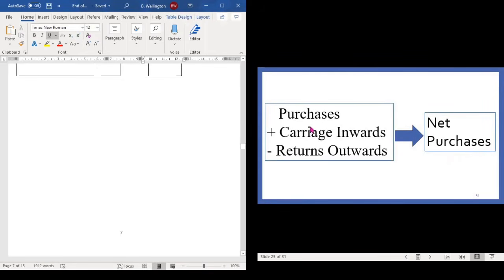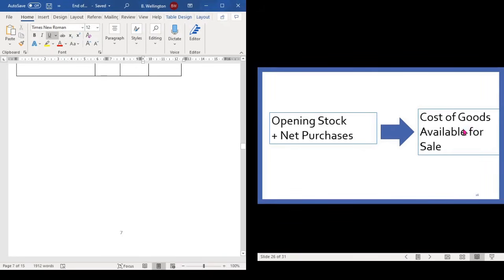Now, net purchases are arrived at by adding carriage inwards, because carriage inwards is the cost of transporting the goods into your business, so it's part of the cost of purchasing the goods. And if you had returned any of those goods, you will have to subtract it to arrive at your net purchases. Now, the cost of goods available for sale consists of your opening stock plus your net purchases.